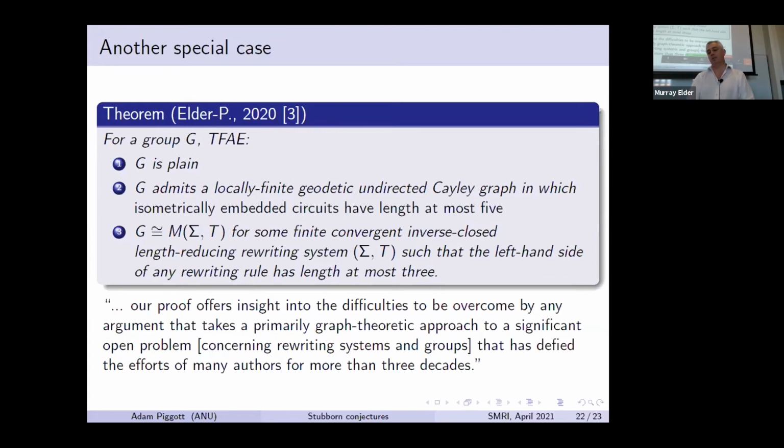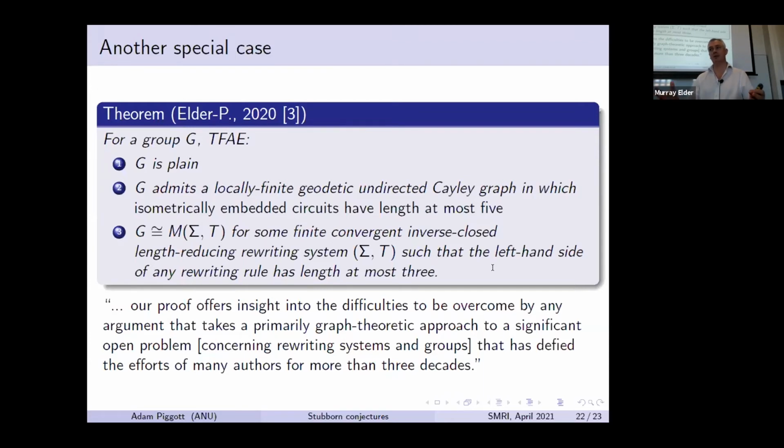And we wrote the following at the end of our proof: our proof offers insight into the difficulties to be overcome by any argument that takes a primarily graph theoretic approach. The point being, we did this, but it was a graph theory argument, and it didn't use group theory.